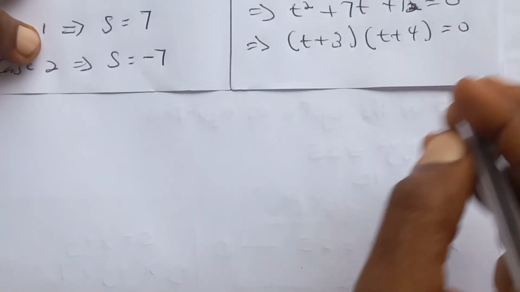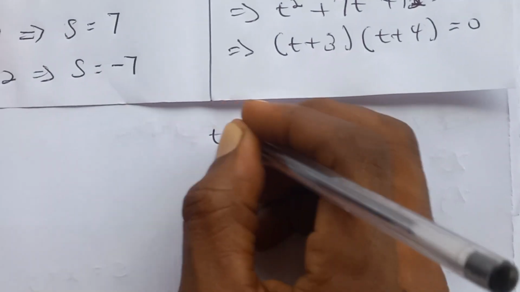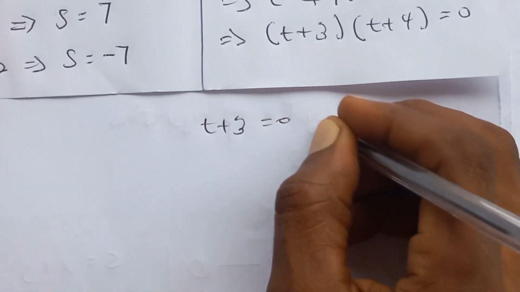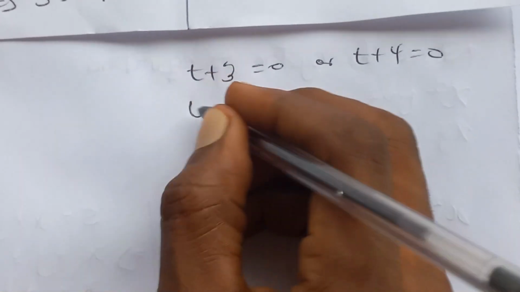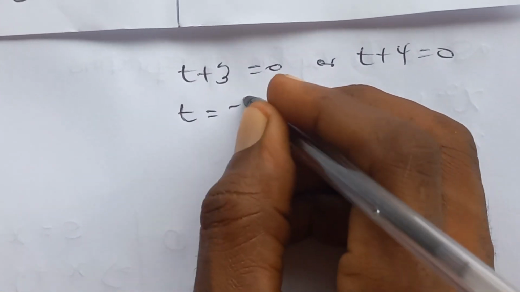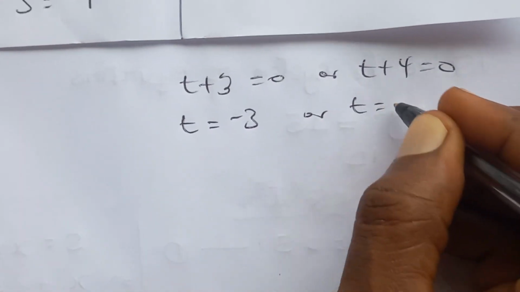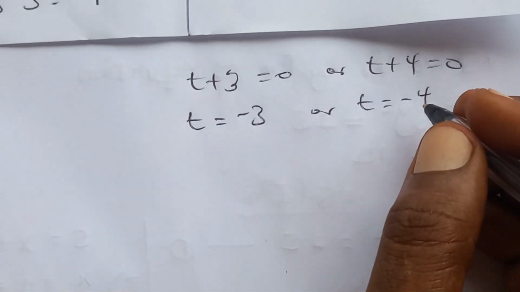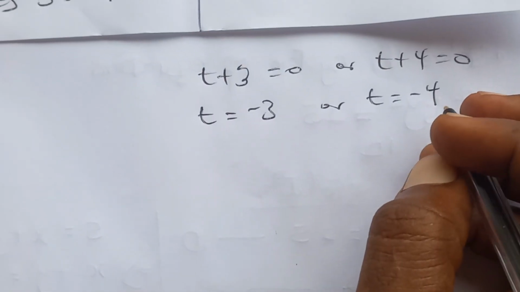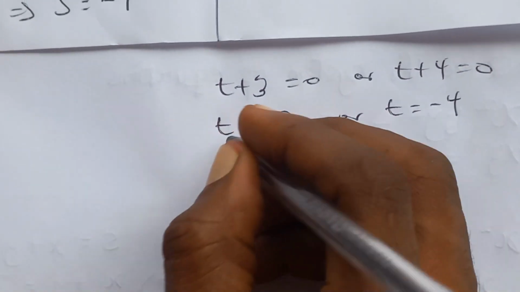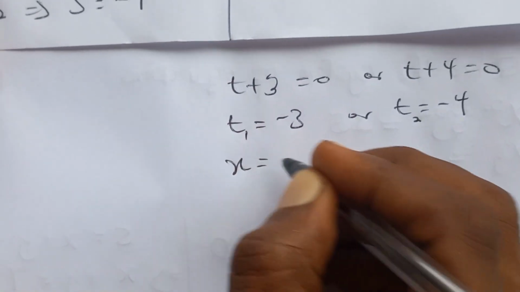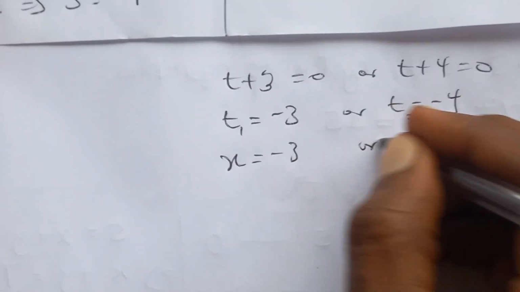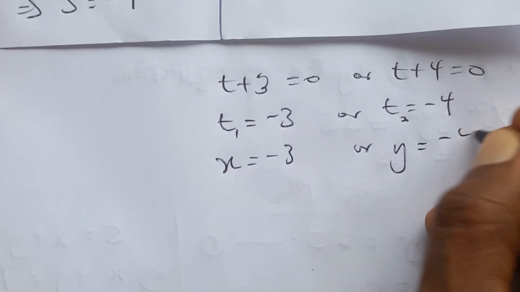Let's continue from here. So we get t plus 3 is equal to 0 or t plus 4 is equal to 0. So we say that t is equal to negative 3 or t is equal to negative 4. And don't forget, we said the roots of the quadratic should be x and y. So in this case, if this is t1 and this is t2, we say that x is equal to negative 3 and y is equal to negative 4.